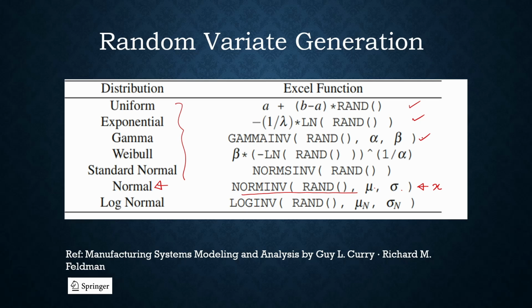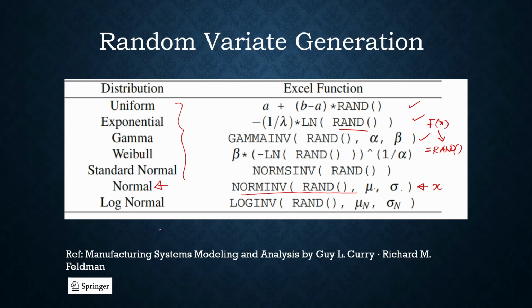Note carefully that in every case the random number function is always there. Why? Because this is your fx value. Fx value is your random number, right? So you calculate a random number between 0 to 1, that is your fx, and based on that fx you are getting x, which is the value of the variable. So I think this is clear now.